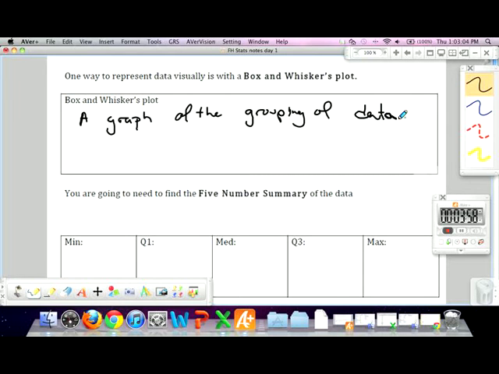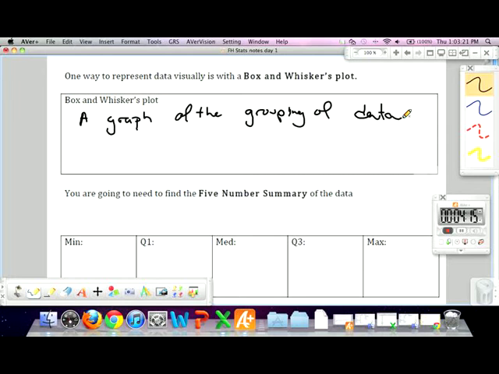That's all it is. When we graph using a box and whiskers, we're going to look at how our data is grouped together. How the survey, how the things we measured in science, however all this data that we collected is grouped together. Okay?